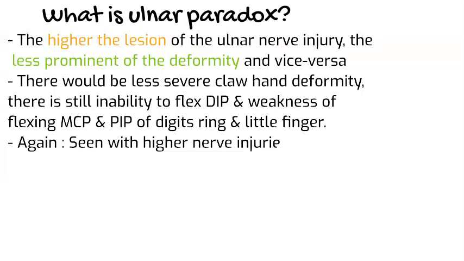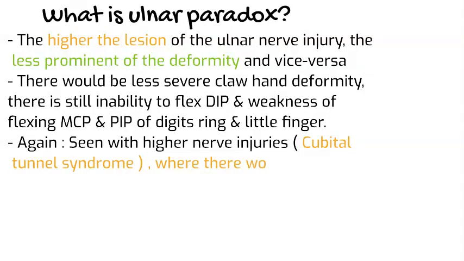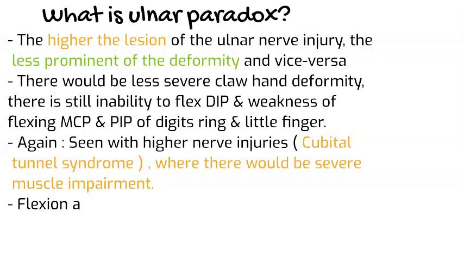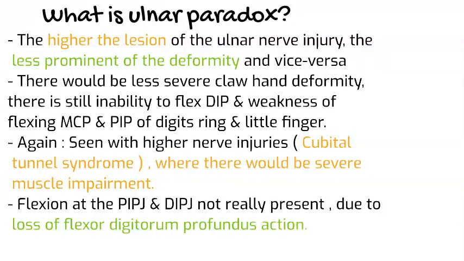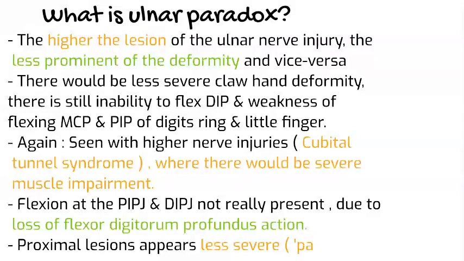Again, seen with higher nerve injuries, that means cubital tunnel syndrome, where there would be severe muscle impairment. Flexion at the proximal interphalangeal joint and distal interphalangeal joint is not really present due to loss of flexor digitorum profundus action. Thus, the proximal lesion appears less severe. That's why it became a paradox.